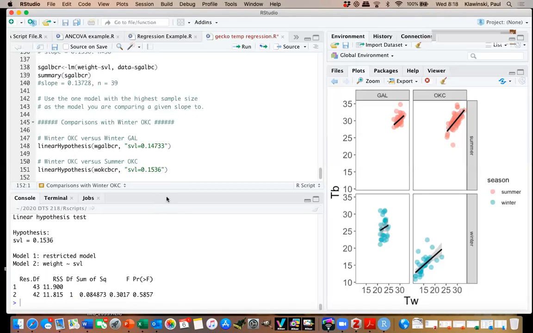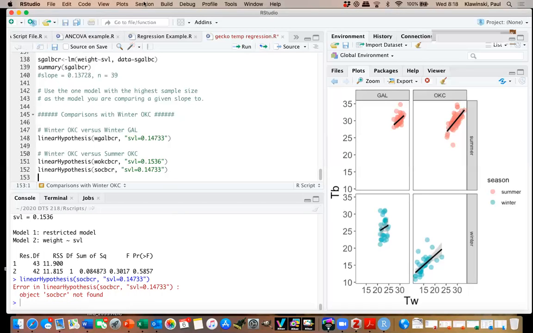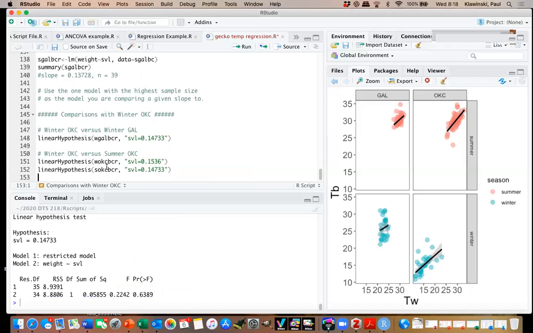If we do the same thing, but we compare Summer, Oklahoma City to the Winter, Oklahoma City slope value, which is already in there. It helps if you know how to type.